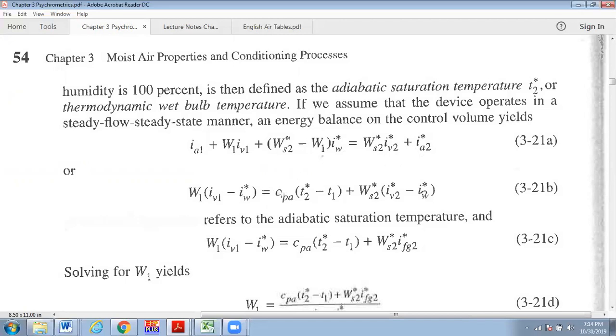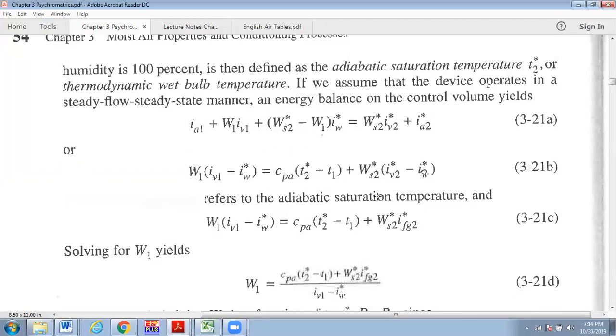Then it's just substitution. What happens when you get this humidity ratio at 2? This is messed up, but this is supposed to be the enthalpy of liquid water at the starred 2 condition. They screwed that up in the printing of the book a little bit.